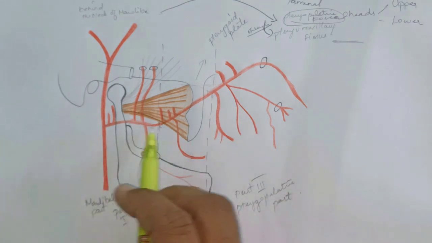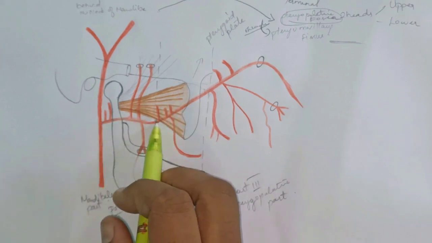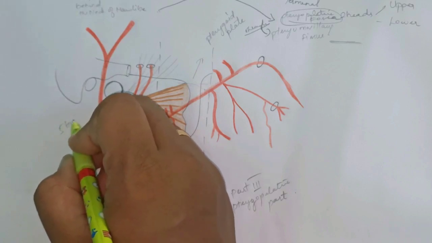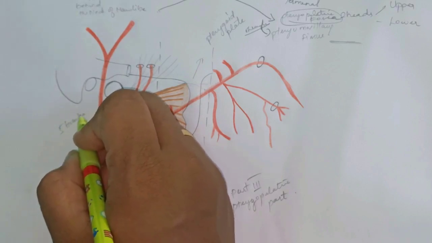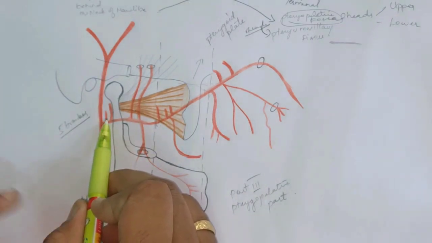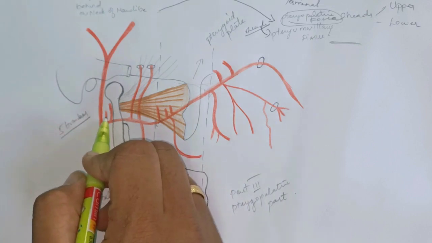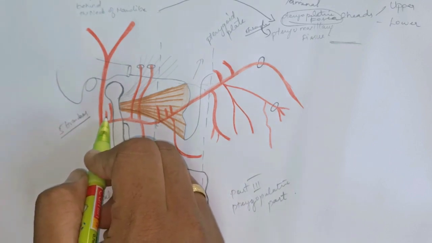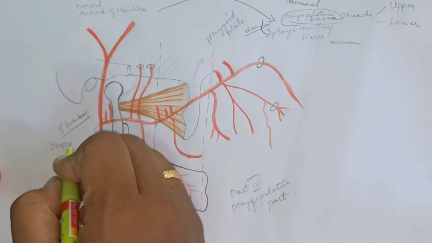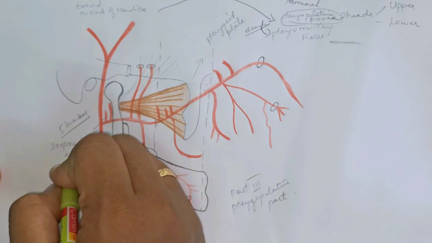Your first part ends here, right? See here, from here your first part gets over. It gives 5 branches. This is your first small branch I have drawn here, right? This is your first branch, that is your deep auricular artery.